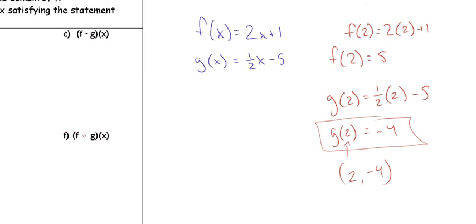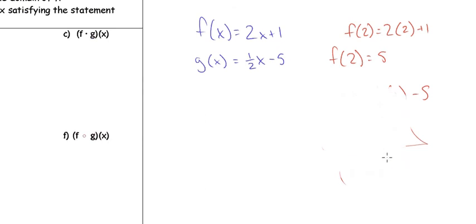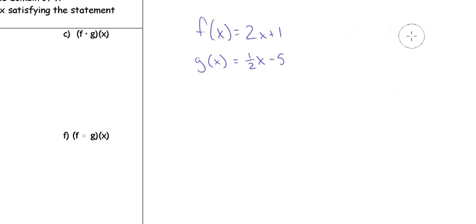Now, what we're going to be doing is playing around with these just a bit, plugging in not just a number itself, but plugging in another function or combining some functions through various operations.